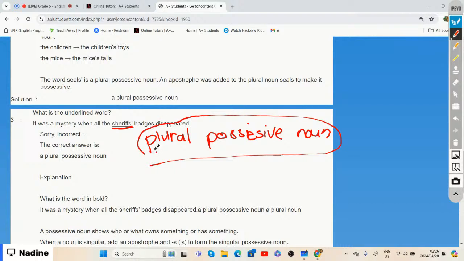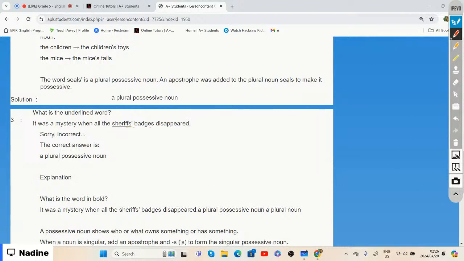And like I said, there's a difference between a plural possessive noun and a plural noun. All right. And that is correct. So well done.